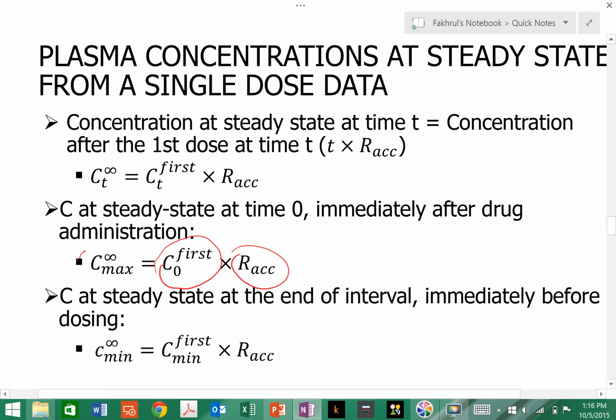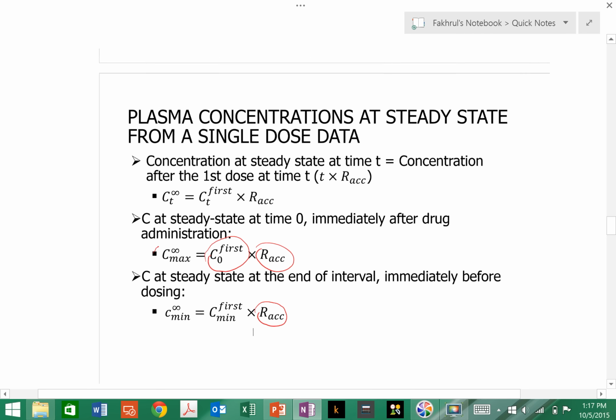And also you can calculate Cmin. If you know RSCC and the concentration at the end of the interval, immediately before the dosing, it will give you Cmin. There is one more equation to calculate Cmax and Cmin. We'll come back to that later.